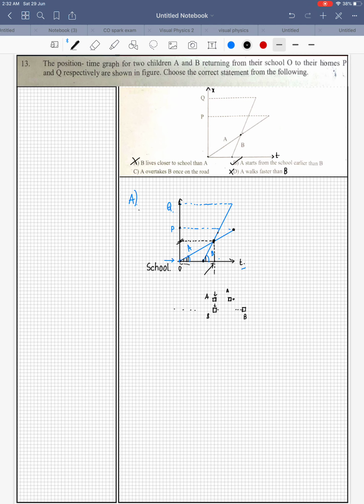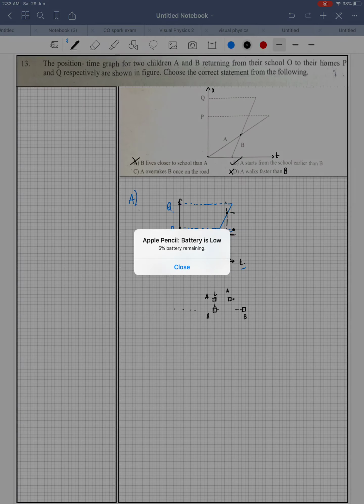After this particular point, if you see the position of B, it's much greater than the position of A. This is A's position, this is B's position.